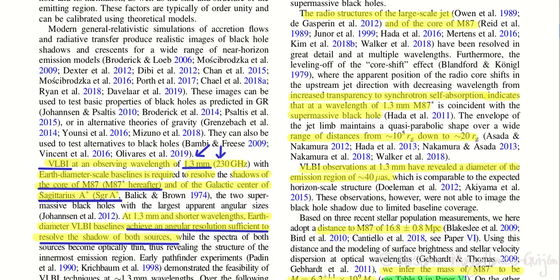The radio structure of the large-scale jet was studied by Owen and Gasparin, and the core of M87.